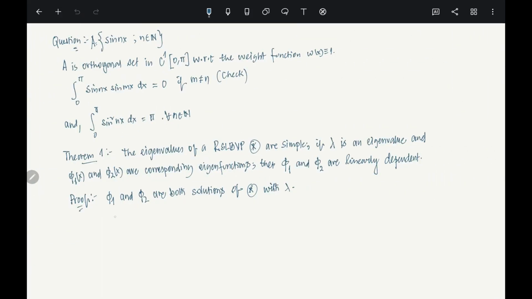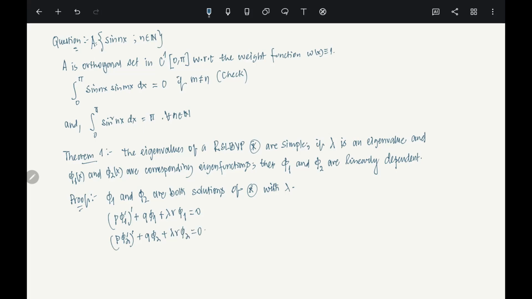So therefore, (p phi1')' + q phi1 + lambda r phi1 equals 0. Also this equation is there: (p phi2')' + q phi2 + lambda r phi2 equals 0.